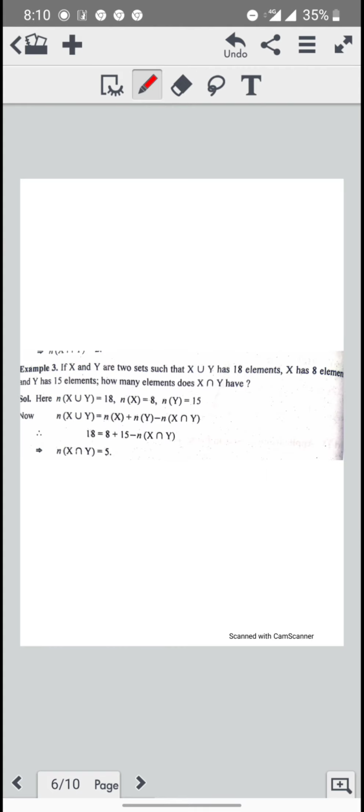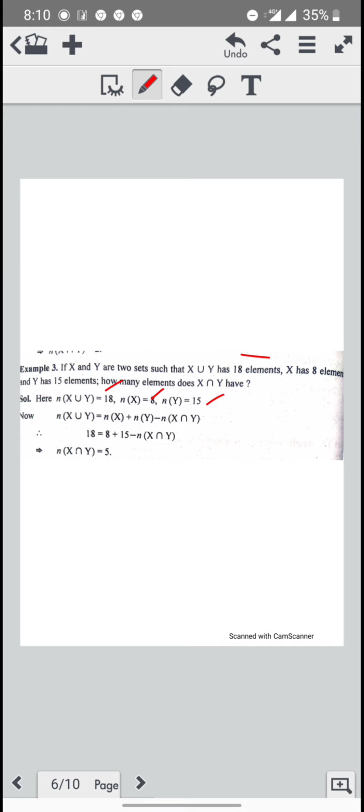Next example, if x and y are two sets such that x union y has 18 elements, that is n(x union y) is equal to 18. x has 8 elements, n(x) is equal to 8. y has 15 elements, n(y) is equal to 15. How many elements does x intersection y have?